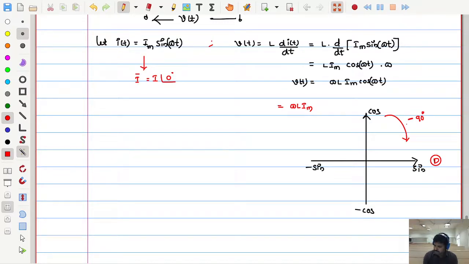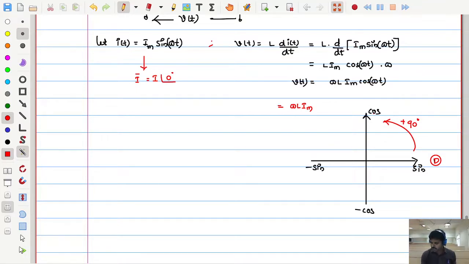It is desirable to do this, so let me write it in another way. I need the sine function. From sine, if I travel plus 90, then I will get cos.